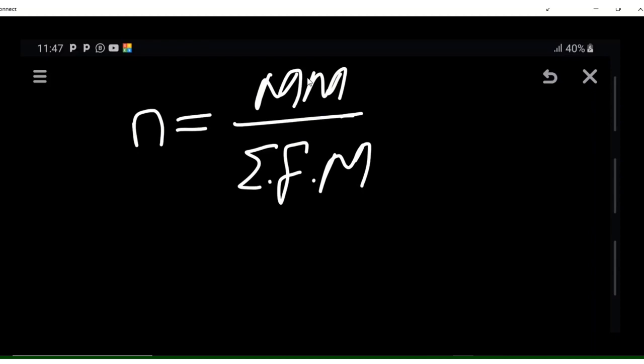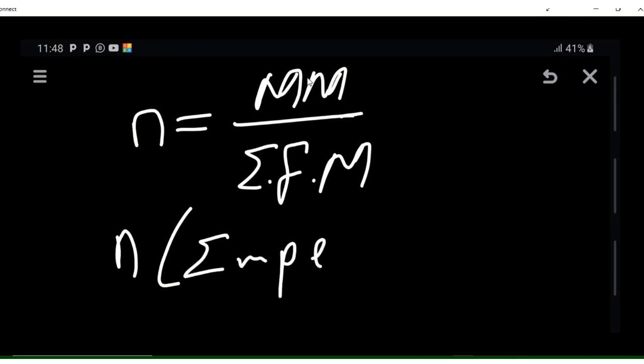This is how you can find N. When you find N, it is written as N open, then you put the empirical formula. So N multiplies every element in the empirical formula to give the molecular formula.